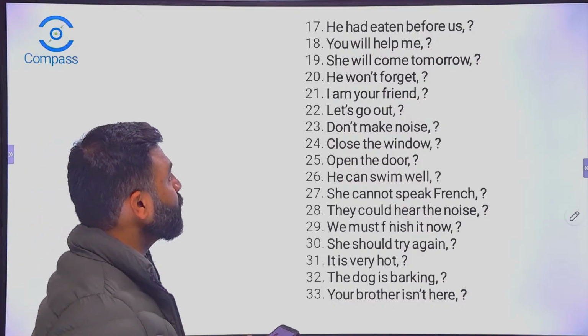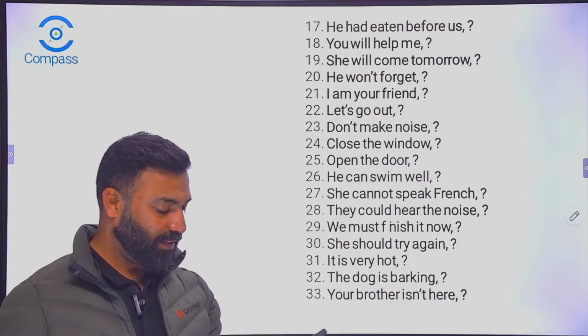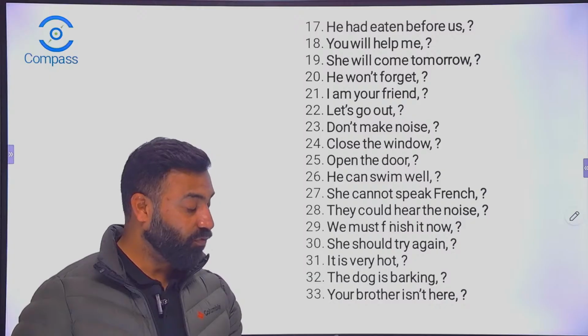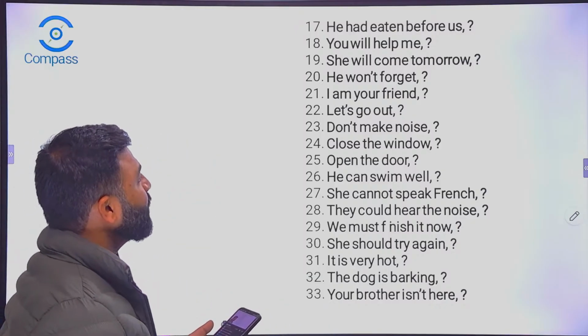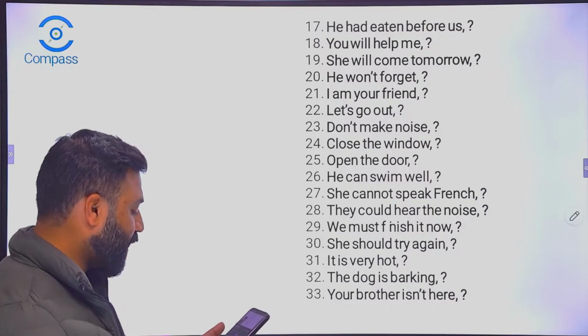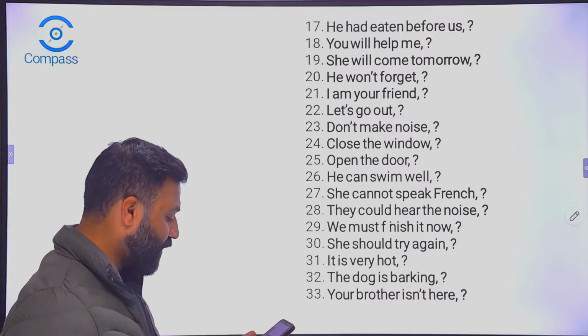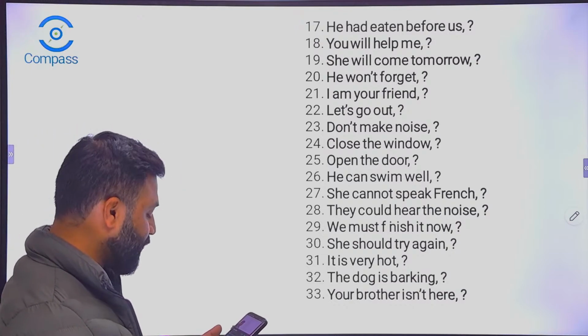She'll come tomorrow. Won't she? That's right, Miss Thakur. All right, she'll come tomorrow, won't she? That's the right answer. Very good. Emma, that's the right answer. Very good. Okay, so now we have number 20.